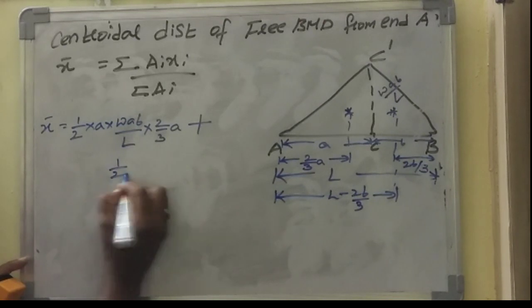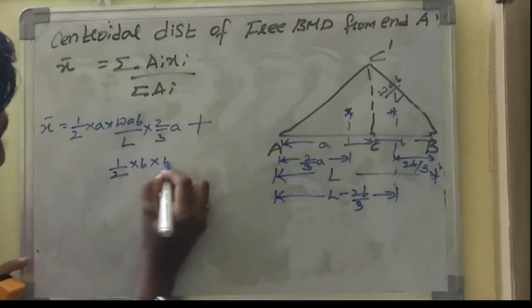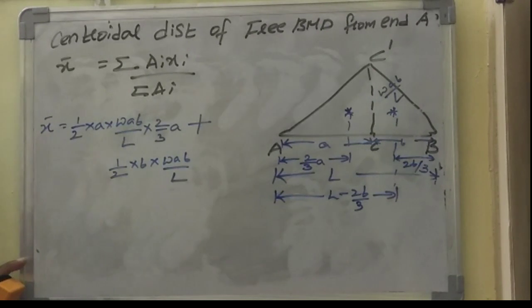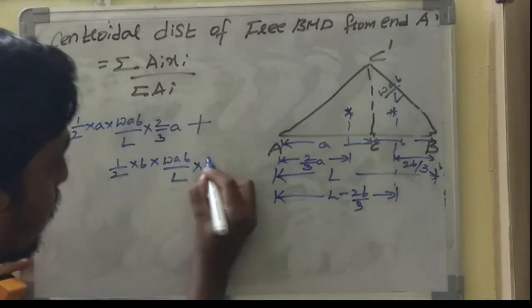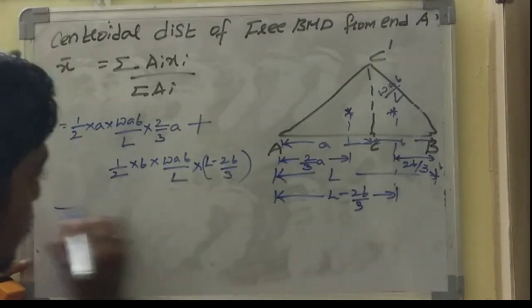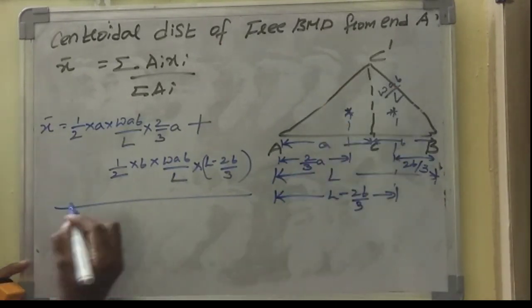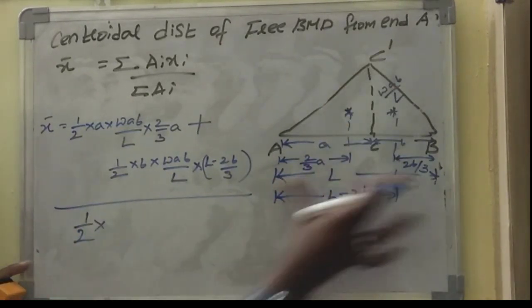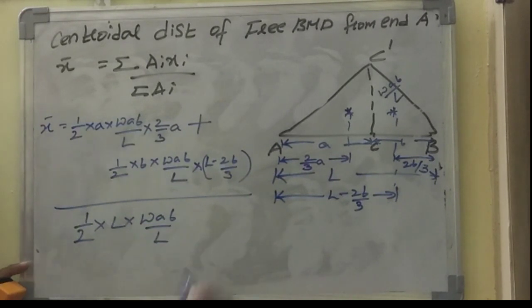Half, base means this B, height means same WAB by L, into this distance from end A, L minus 2B by 3, by what about the total area of this AC dash B? Half, base will be L, height will be WAB by L.